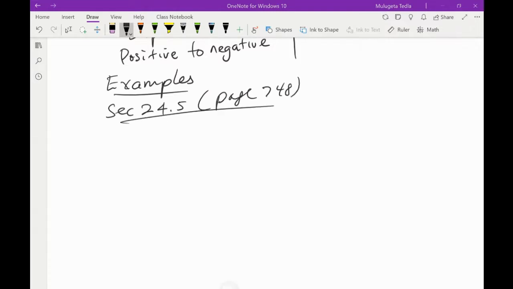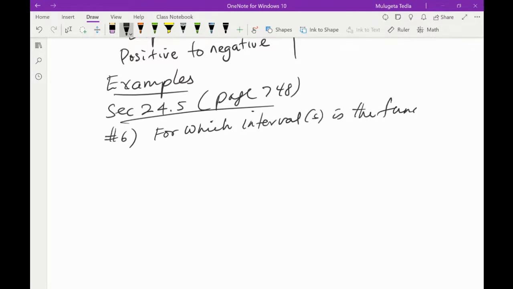So what I have is number 6. They say: for which value or which interval or intervals is the function increasing or decreasing?